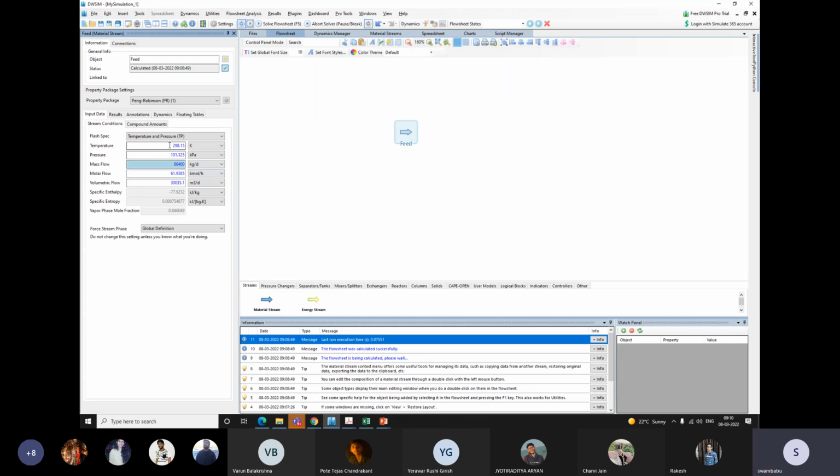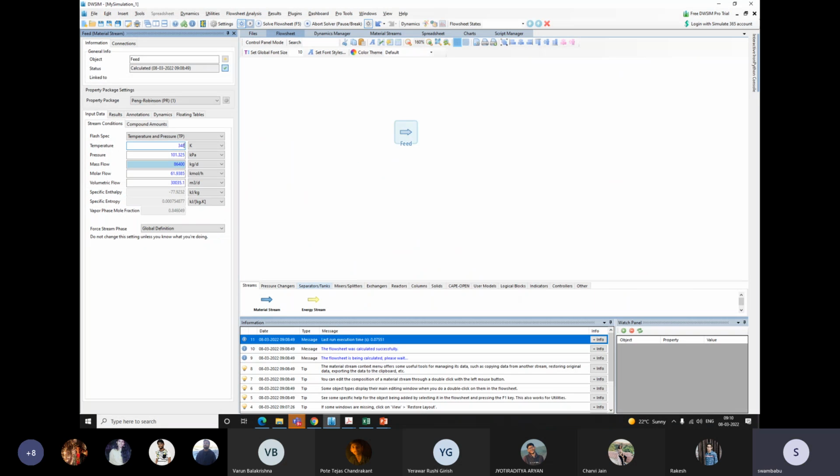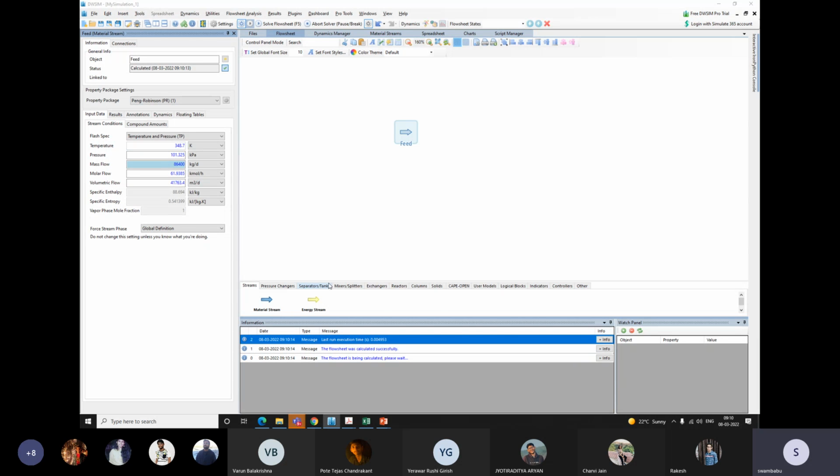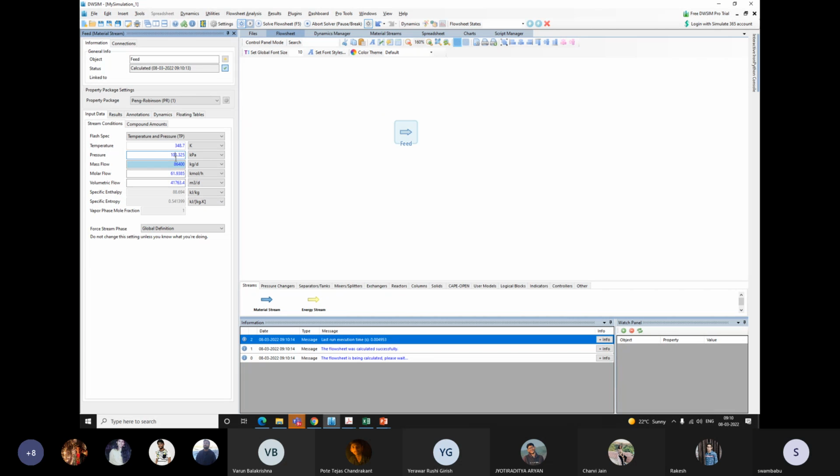The temperature is 349.78 kelvin. Pressure is 2067.94 kilopascals.